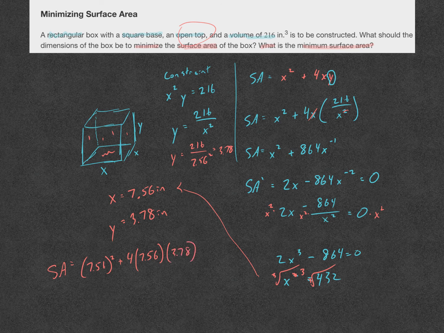And be careful when you push the buttons on your calculator. As long as I push the buttons correctly, I got 171.46 square inches. So that would be the smallest surface area given this constraint of our volume of 216 cubic inches.